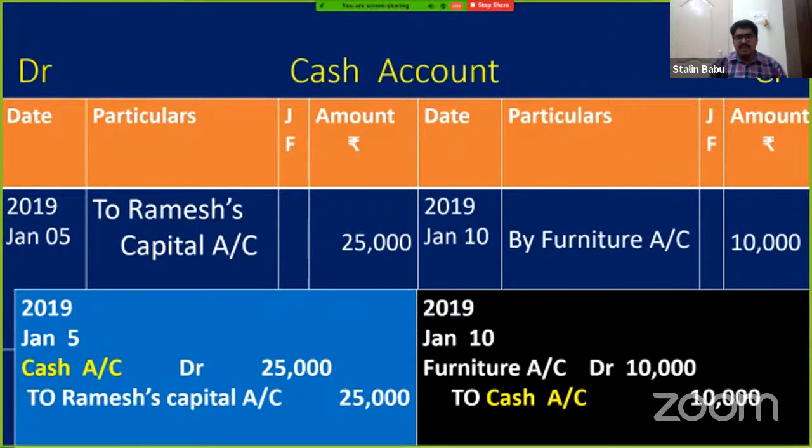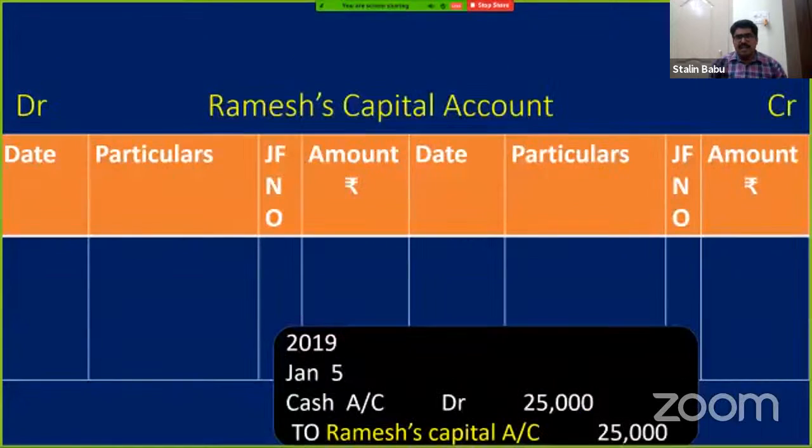The first one is cash account, and the second one is Ramesh capital account. What is the journal entry? Cash account debit to Ramesh capital account. Which account are we preparing? Ramesh capital account.